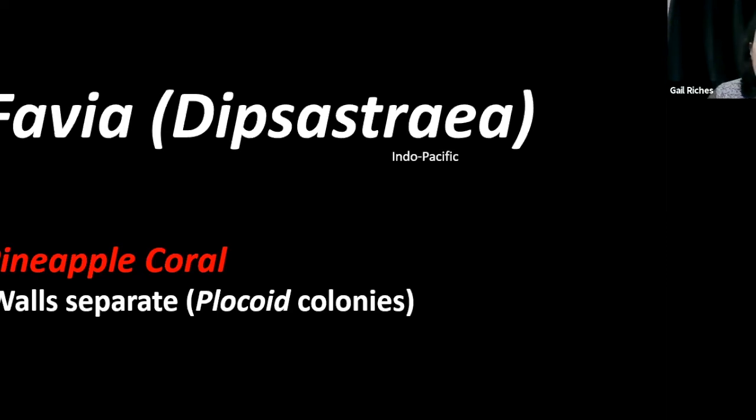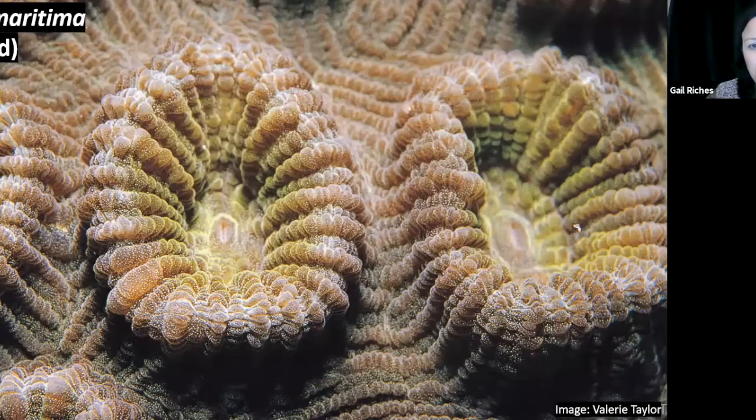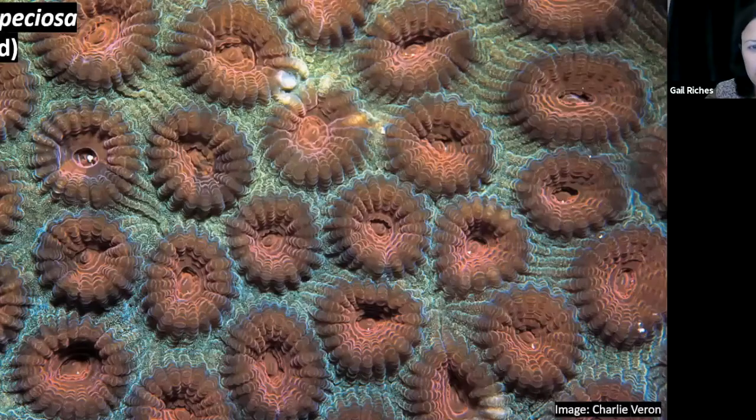And so you may see this one as Favia, of which it's well known as, or Dipsastraea, so either or. And the common name is pineapple coral. So this is an example of where the walls are separate as opposed to joined, and we call that placoid. And you can see that they're clearly separated, and quite often they're different colours as well.